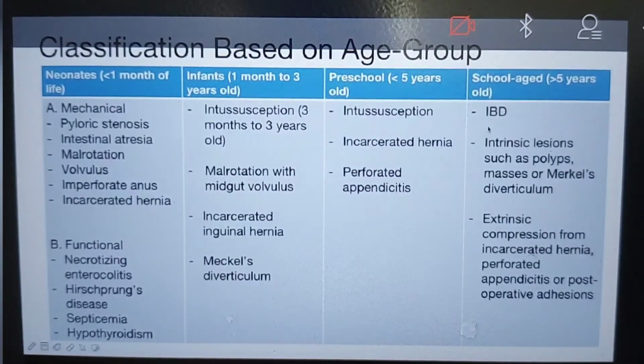In school-age children more than 5 years old, maybe IBD, then intrinsic lesions such as polyps, masses, or Meckel diverticulum, or extrinsic compression from an incarcerated hernia, perforated appendicitis, or post-operative adhesions.